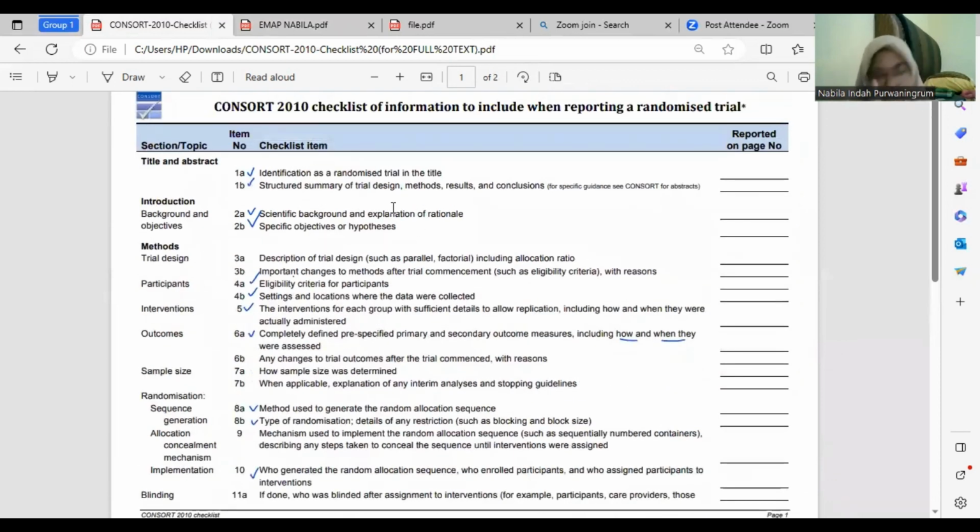The first item, 1a, the randomized trial in the title, we have already identified. And 1b, the summary of trial design, we did just a couple of seconds ago. Now we move to the introduction, which contains background and objective. Is there any 2a, specific background and explanation of rationale?